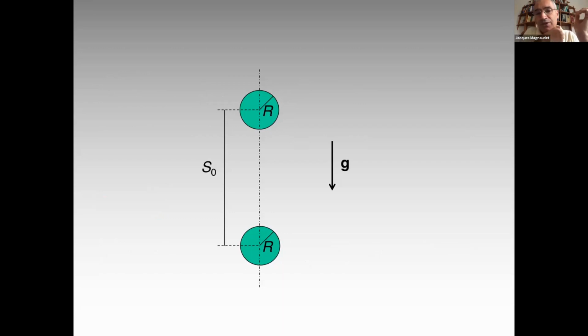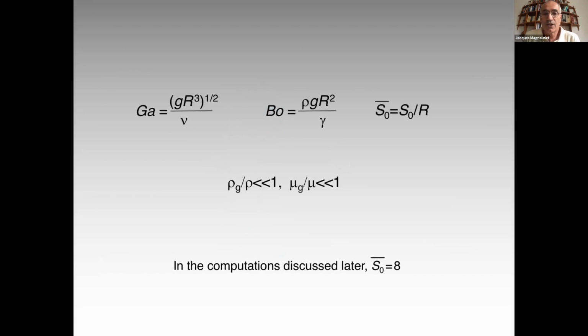Basically, we consider two bubbles with the same radius r and an initial separation S naught, and the line of centers aligned with gravity. In this configuration, there are actually 5 dimensionless parameters. One is the Galilei number, which is a Reynolds number based on the gravitational velocity scale. Another one is a Bond number, which Rama defined previously. It's basically the ratio of inertial effects over capillary effect.